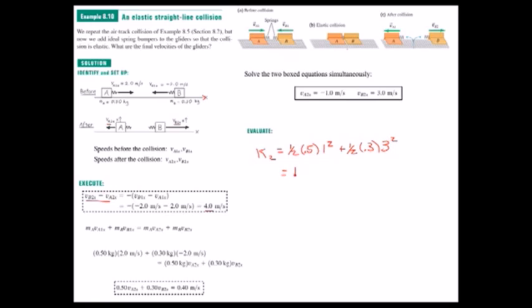And the answer I'll get is 1.6 joules, but this is in fact the kinetic energy that we calculated in example 8.5 before collision. So kinetic energy is indeed conserved, and this ends example 8.10.